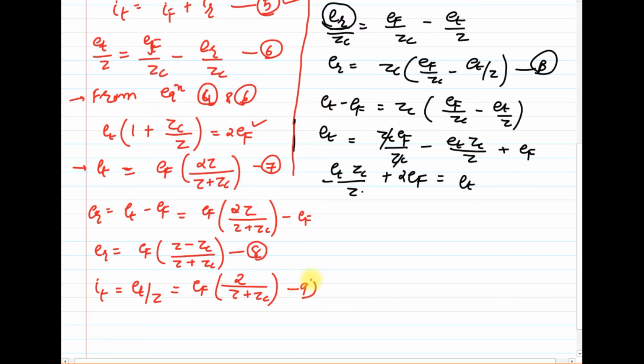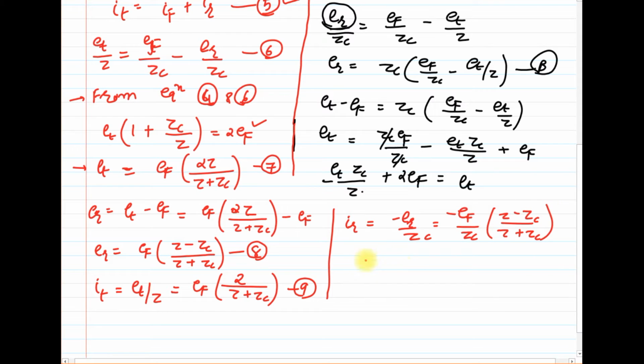This is your equation number 9. In the same way, IR is equal to minus ER by ZC. Substituting the value of ER from equation number 8, we get minus EF by ZC into bracket Z minus ZC divided by Z plus ZC.